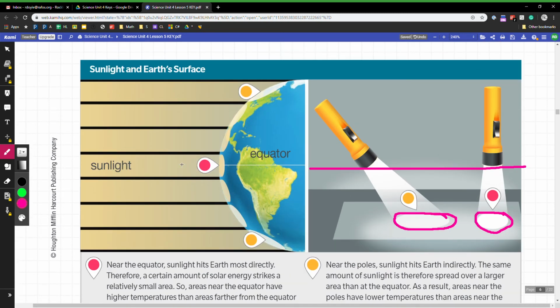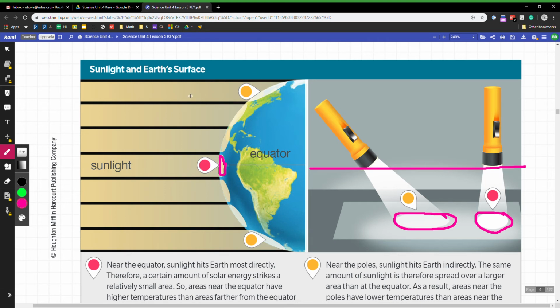So you can see the same concept is happening here. The sun is 93 million miles away, so it's essentially equally as far no matter where you're at on Earth. And so the sunlight coming to Earth has the same amount of energy. But if you're near the equator, all this energy is being focused in a really tiny area.